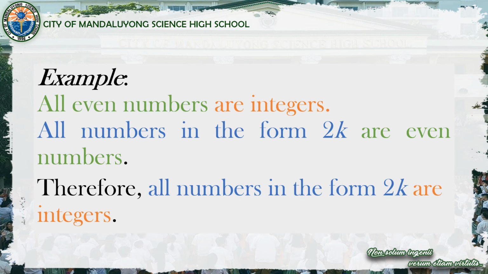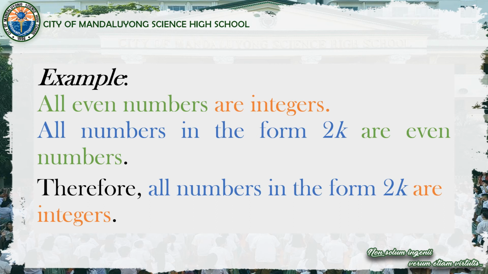Makikita naman natin sa mga colors, for us to easily validate a categorical syllogism. And then at least one premise must be affirmative. So mayroon din tayong affirmation, at least one. And then a negative premise requires a negative conclusion and vice versa.